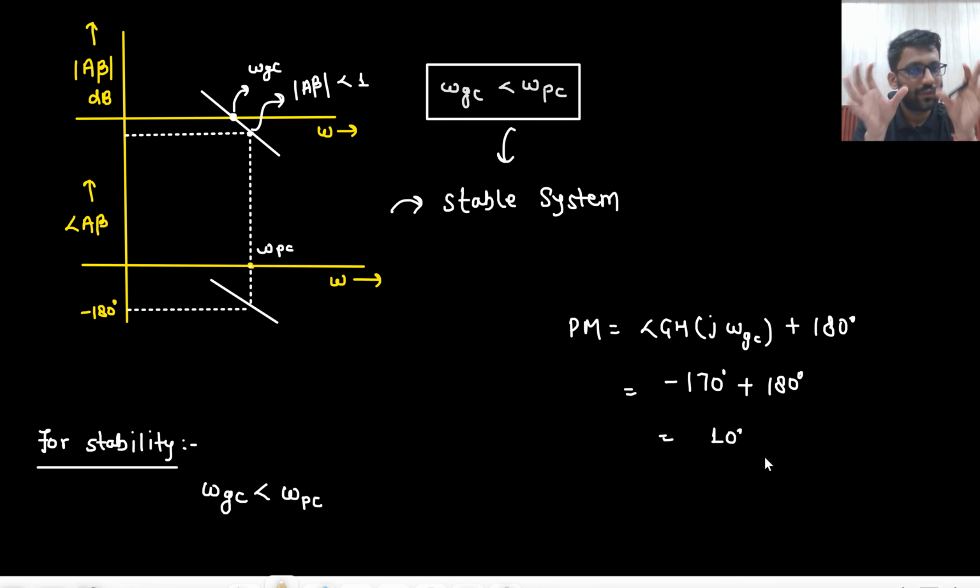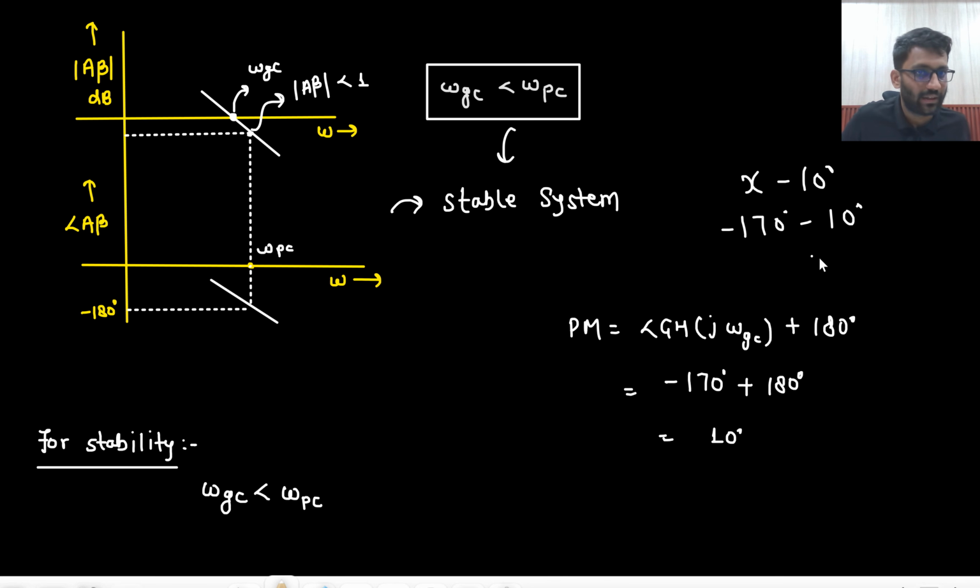You have a phase margin of 10 degree. Because if your phase shift goes down by 10 degree more, from minus 170, that means your system would become unstable. So it shows how much margin you have.